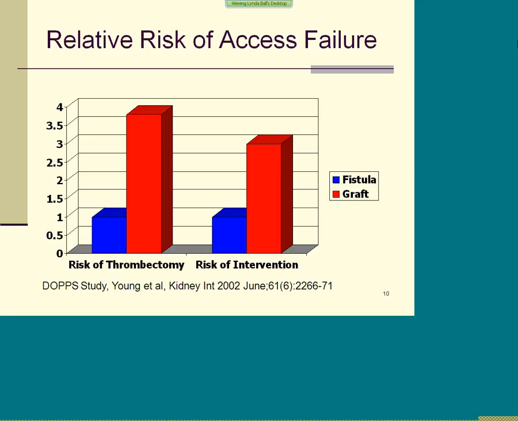Anytime we do an intervention on a patient, of course, they always run the risk of having an infection occur, and perhaps they may not be able to fix that, or they have another event as a result of having some kind of an intervention. So dramatically different in the risk of access failure.